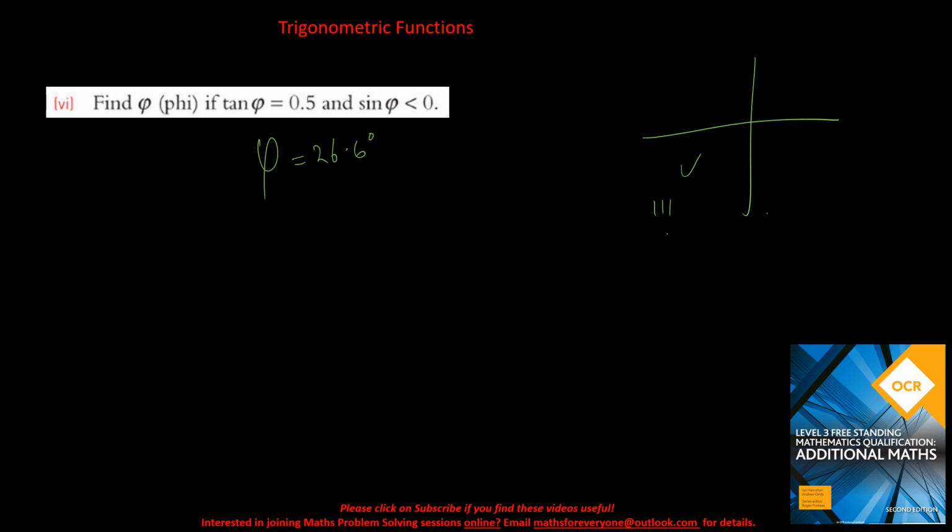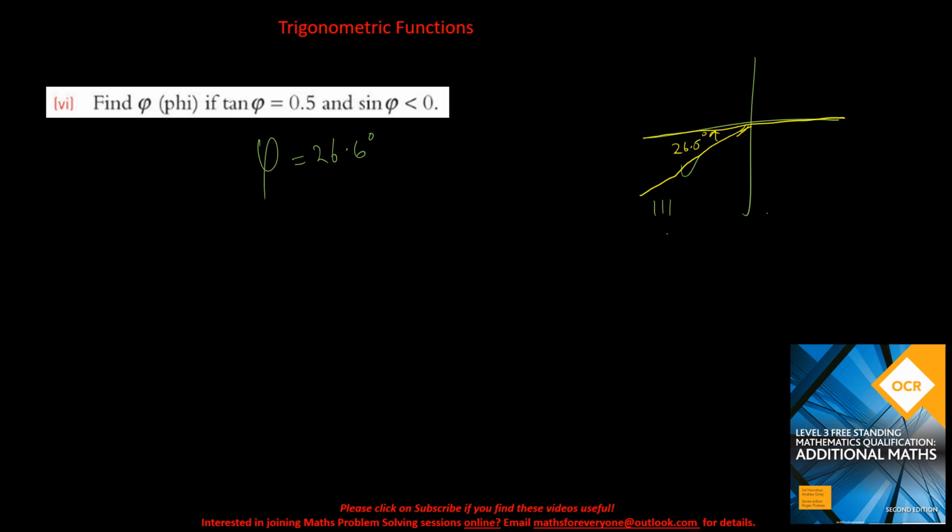The tick mark should be in the third quadrant. It lies here, the angle. So 26.6 degrees means it will be from here. So this is 26.6 degrees.